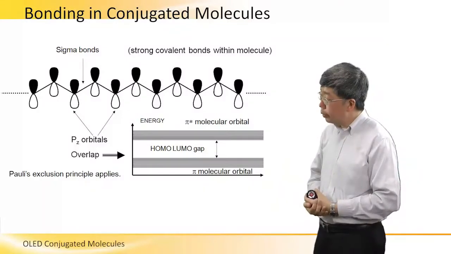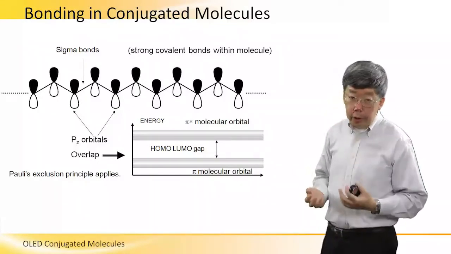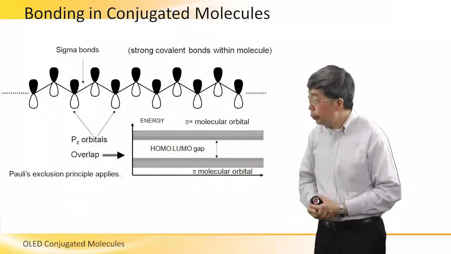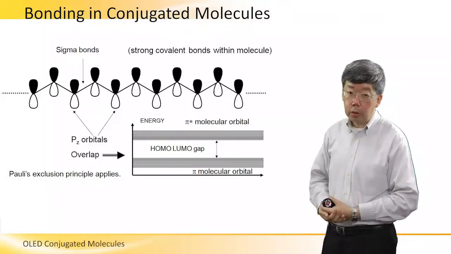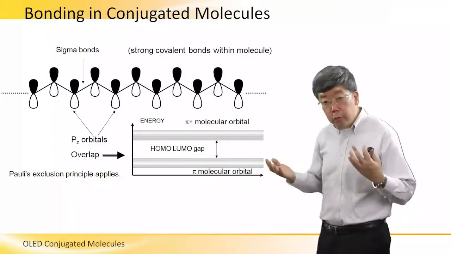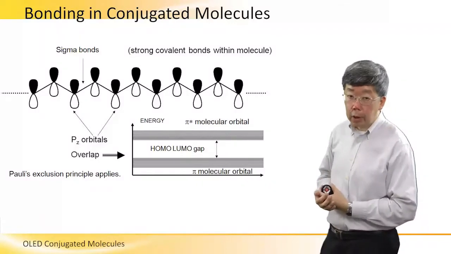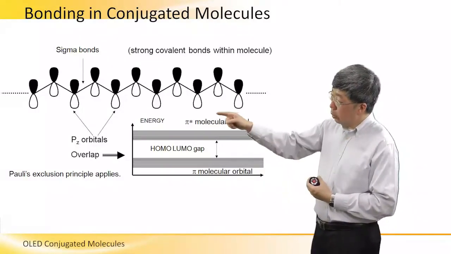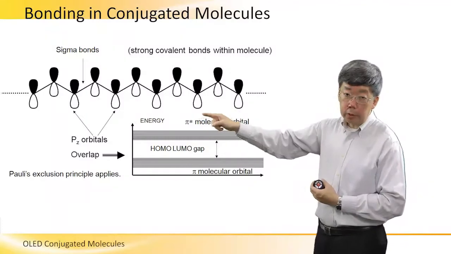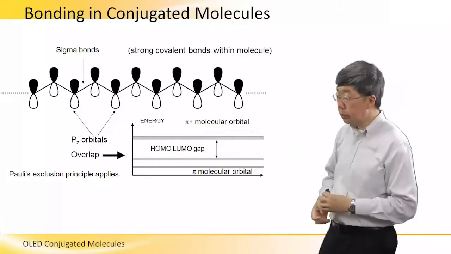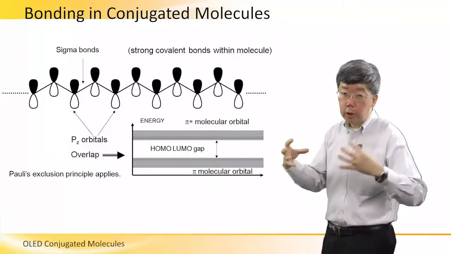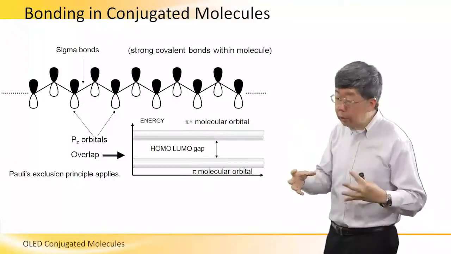This carbon atom has got 3 sp2 atomic orbitals. And as we mentioned in the previous slide, they are used to form the sigma bonds. These are the strong covalent bonds which hold all the atoms in the polymer together.